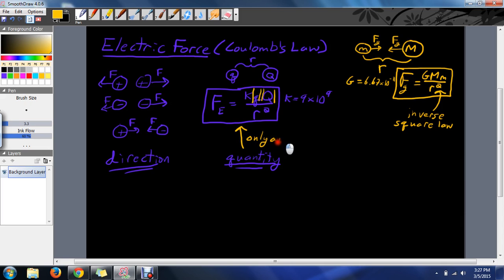So you only get a number, meaning you only get the magnitude, quantity otherwise known as magnitude. So this is the direction of the vector given by opposites attract and likes repel, and the magnitude of the vector is given by this equation. I hope that makes sense.